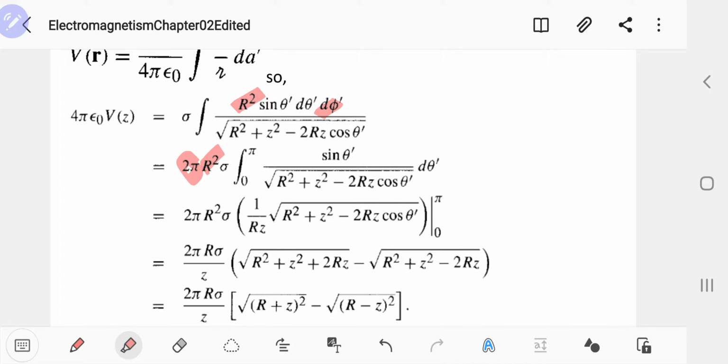You're now going to integrate with respect to theta.